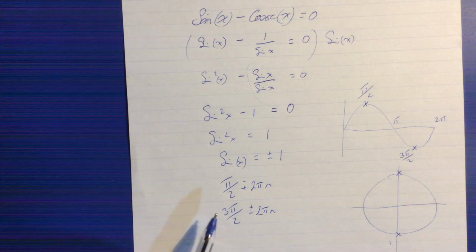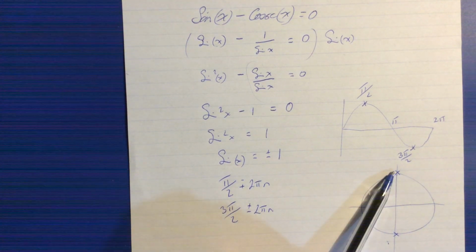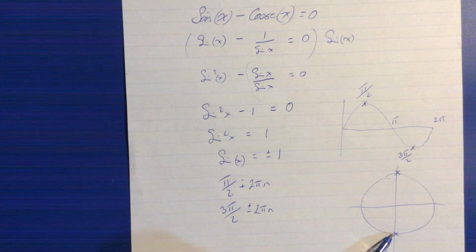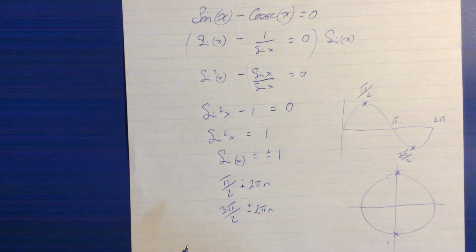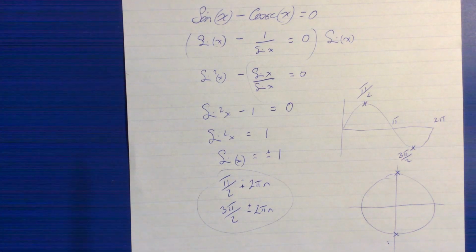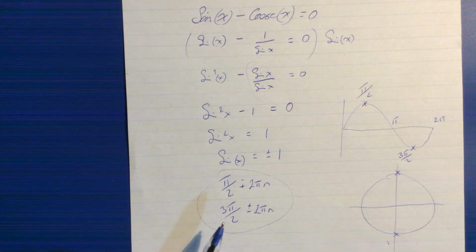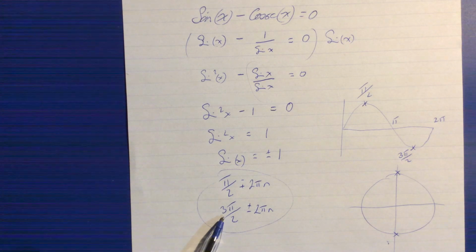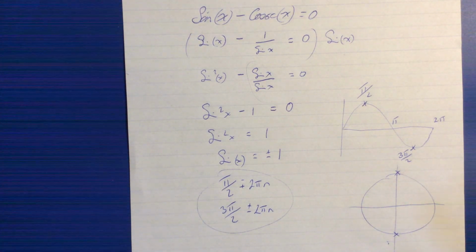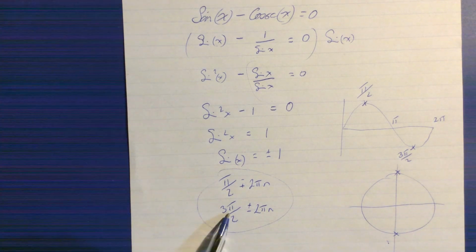But as I say, this could probably be tidied up to pi on 2 plus or minus pi n, because these two points are opposite on the unit circle. However, I suspect, and I haven't gone to the bother of checking this, that if you asked your calculator to solve this, you might get a solution that looks like this. Anyhow, I think either of those would be a valid option. I've gone for this one.